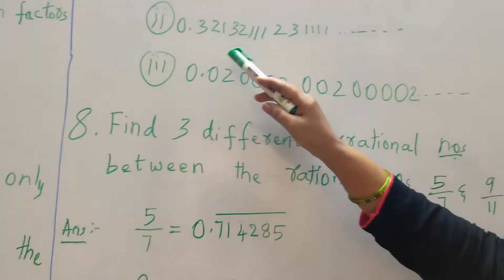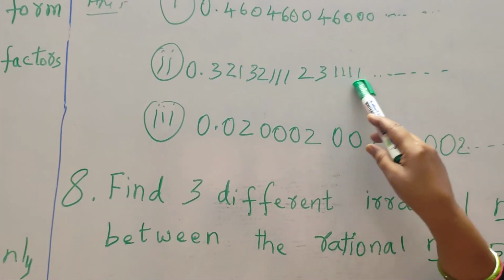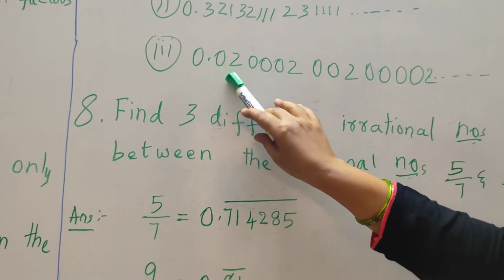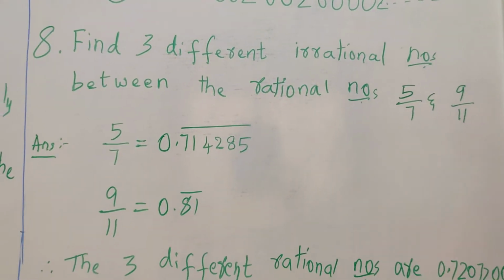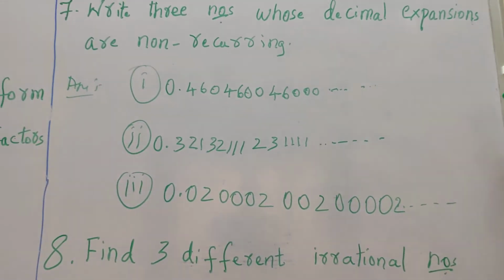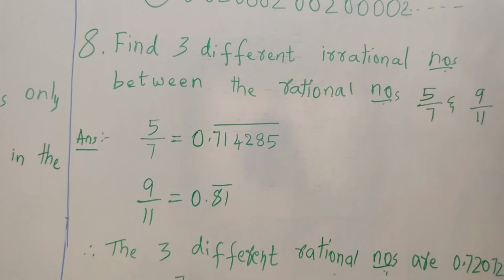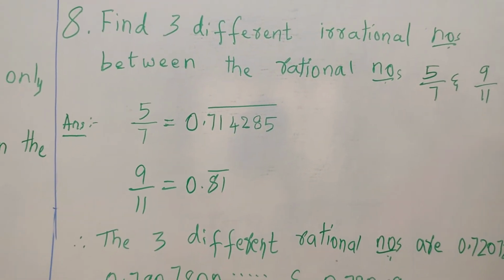So I have written 3 random numbers 0.321, 32111, 23111, like that. It's a non-recurring decimal. Again 0.02, 0002, 02, 0000, like that you can continue and write any 3 numbers. So this is how you write. Just like that you can simply write and you will get your non-recurring decimal.